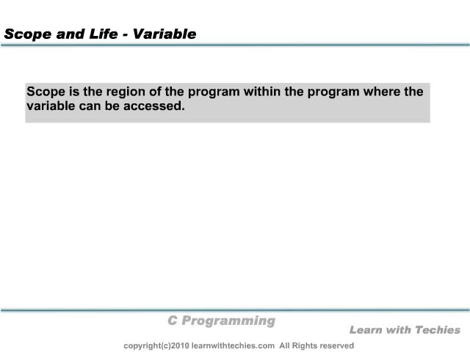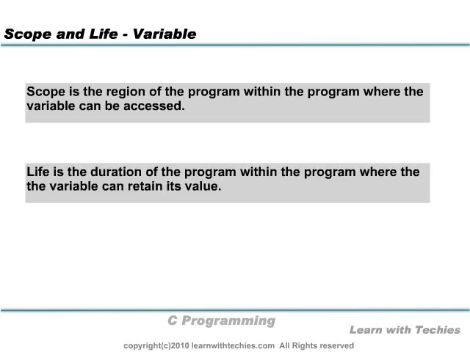Scope of a variable is the area in the program where the variable is accessible. It is usually the block in which the variable was defined. Whereas, the life of a variable is the duration within the program where the variable can retain its value, that is, until the memory allocated for the variable stays assigned to it. Life of a variable is defined by its storage class.